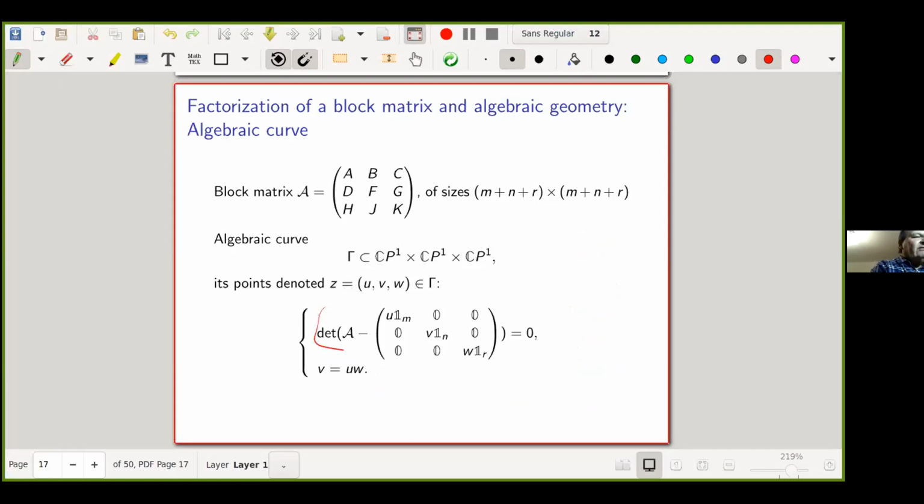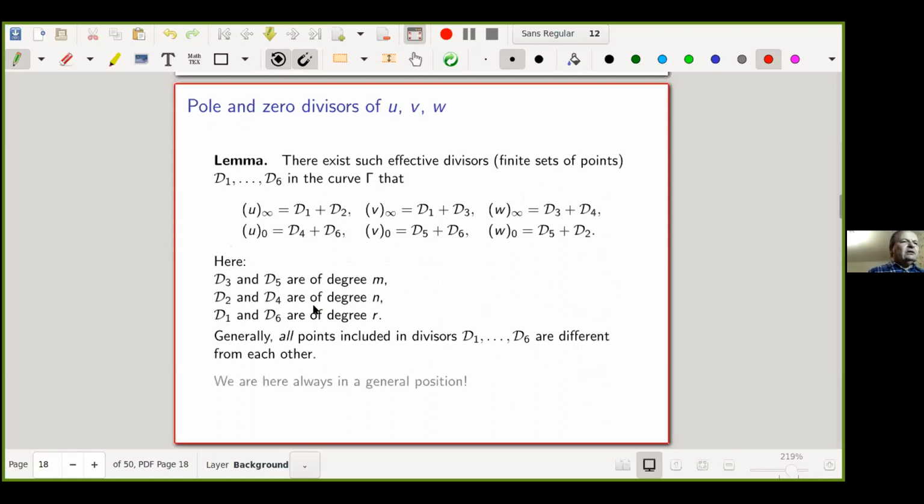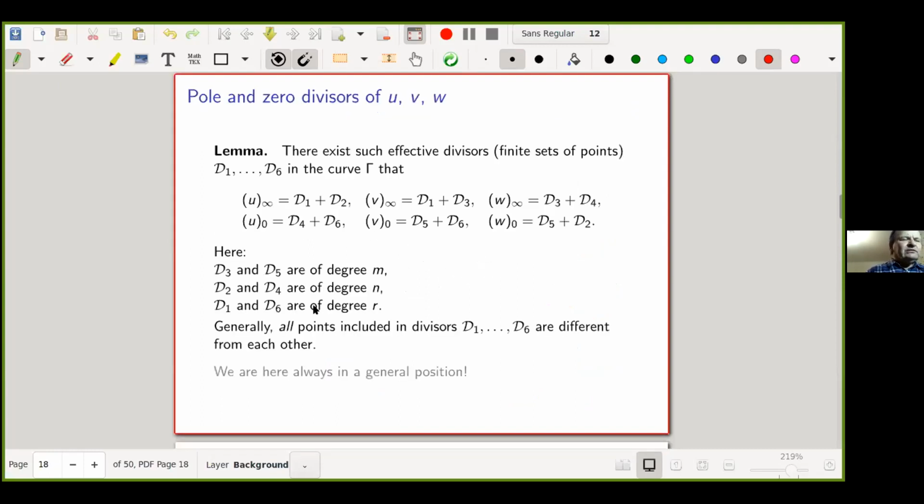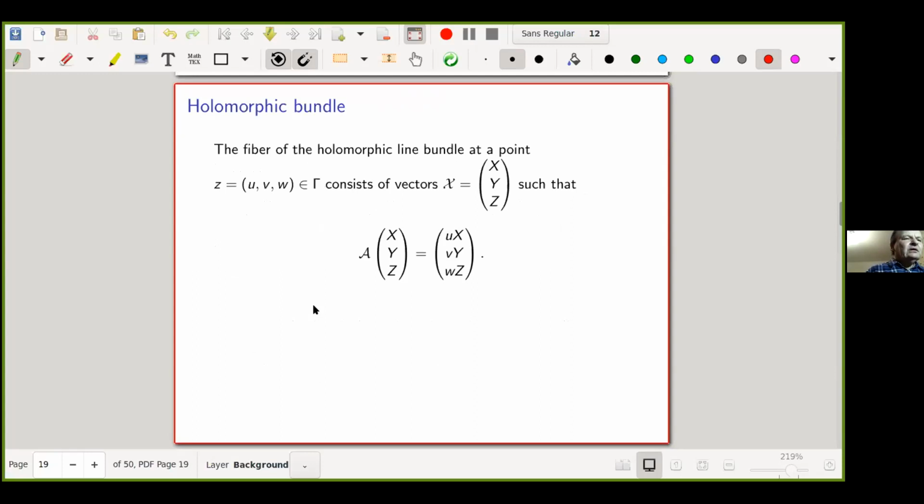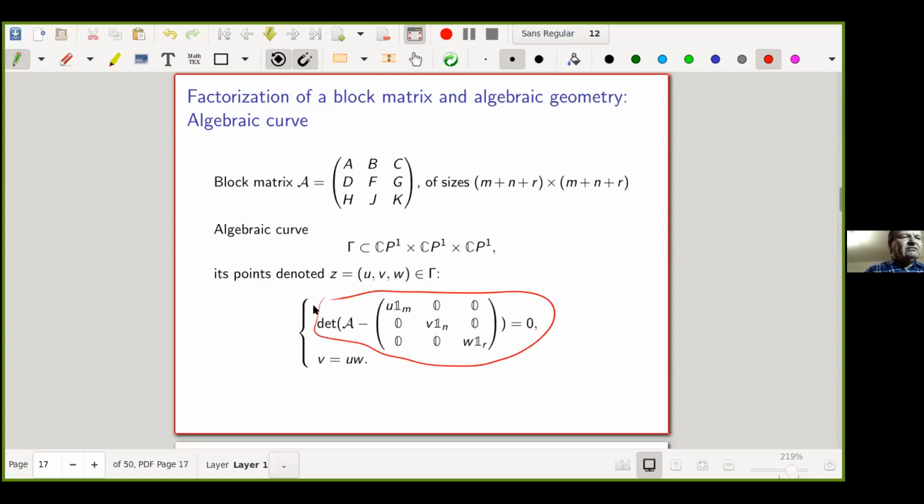What does this first equation mean? Just look at it once more. If the determinant of some matrix is equal to 0, then there is a vector that is annihilated by this matrix.